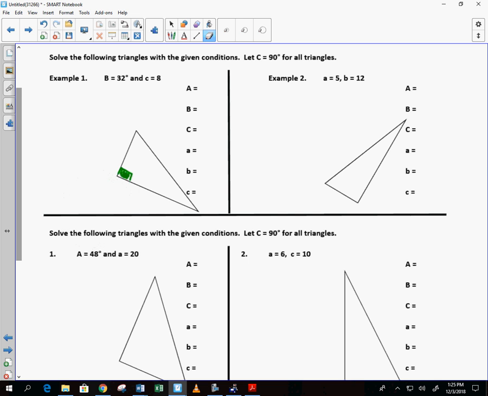So therefore, it is angle C. It doesn't matter which one you then call angle A or angle B. I'm going to choose to call this angle A. I'm going to choose to call this angle B. Is everybody okay with that? Angle B is 32 degrees, it says.